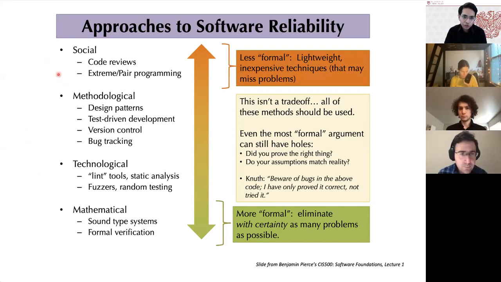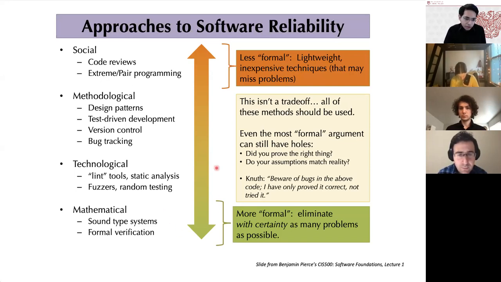They range from being social, where everybody's familiar with code reviews or pair programming, and then there are methodological approaches, such as using certain design patterns, doing test-driven development, or version control using tools like Git, then issue tracking, and then people use static tools like linters and random testing. And then there are mathematical tools such as using sound type systems and formal verification.